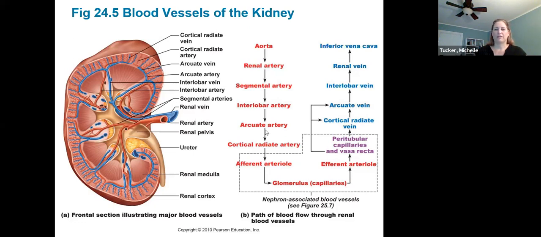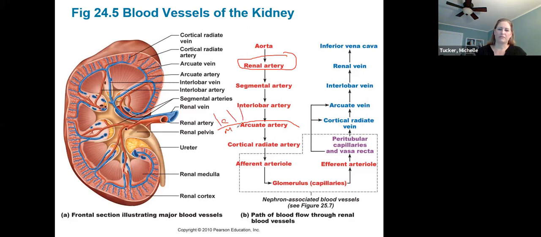These cortical radiate arteries are also important. So we've got our blood flow coming in from the renal artery, divides into segments and in between the lobes. Then we get this arcuate artery that defines the cortex from the medulla, and then cortical radiate arteries come up.